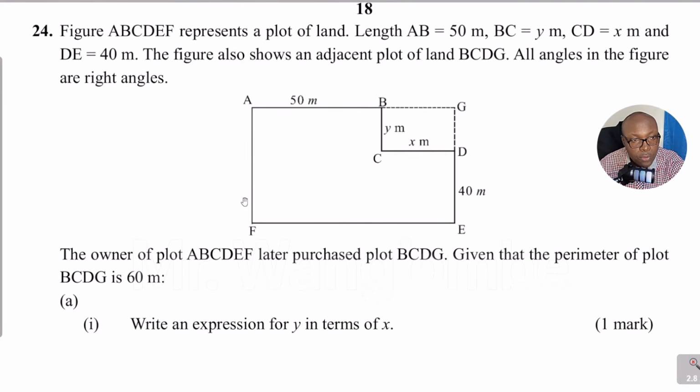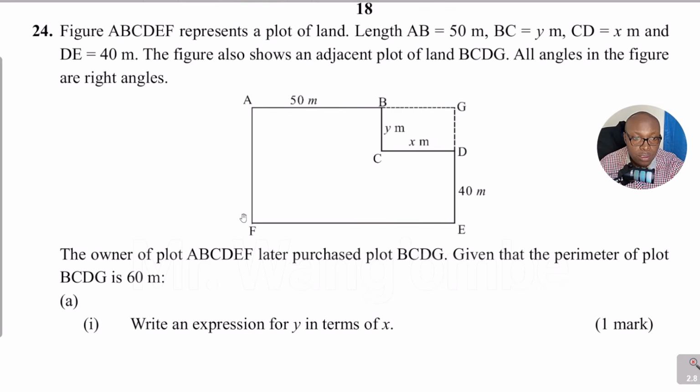Question 24. Figure ABCDEF represents a plot of land. Length AB is equal to 50 meters, BC is equal to y meters, CD is equal to x meters, and DE is equal to 40 meters. The figure also shows an adjacent plot of land, BCDG. All angles in the figure are right angles.